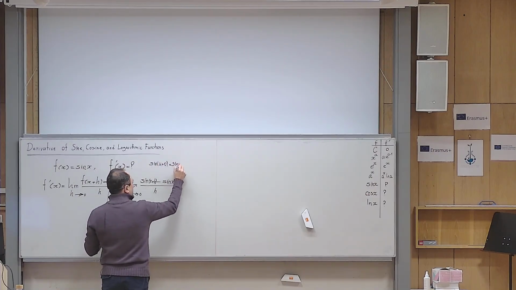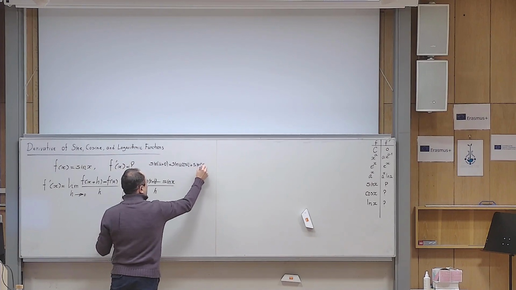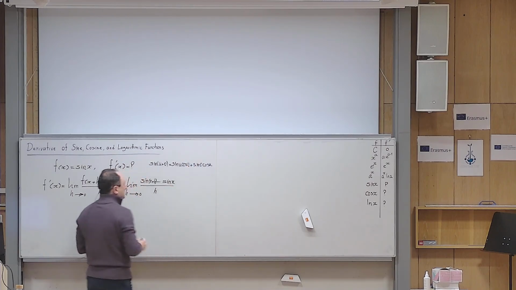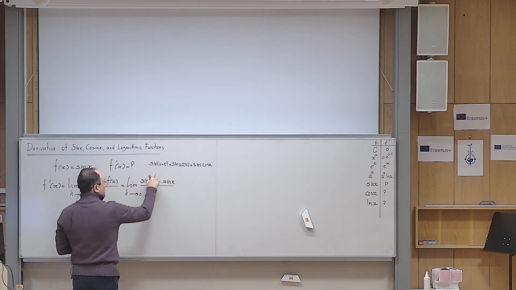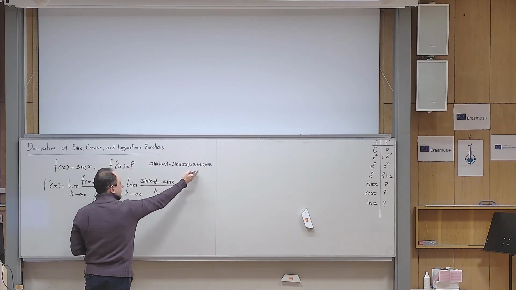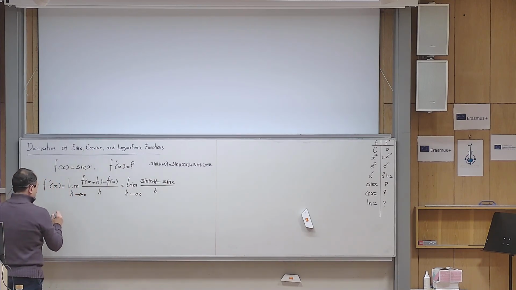This is the sine of the first one, cosine of the second one, plus the other way around: sine of the second one, cosine of the first one. And then, of course, I give the role of u to x, give the role of v to h, and rewrite this formula for x and h rather than u and v. So this becomes the limit.